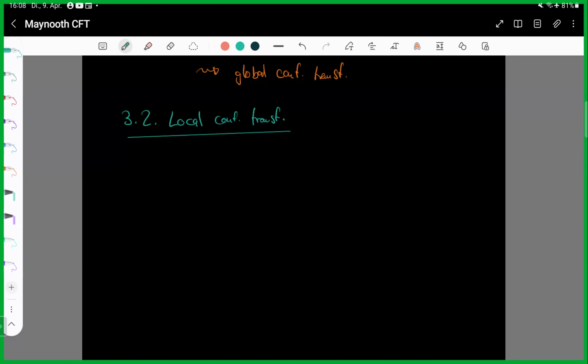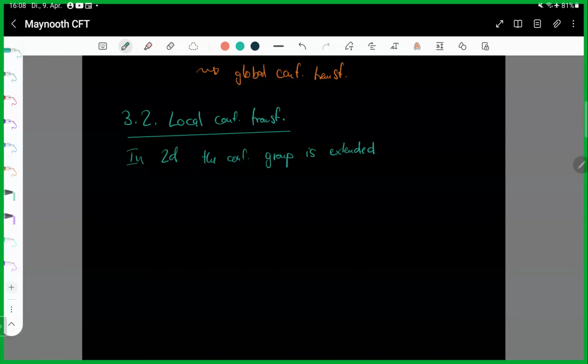All right, so let's move on. All right, so in 2D, now comes the important part. In 2D, the conformal group is extended. By that I mean, I started out with the global conformal group in dimensions d equal or bigger than 3.